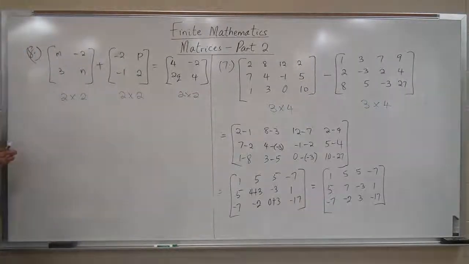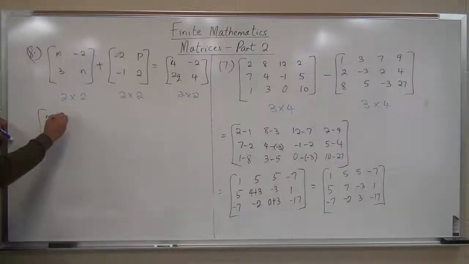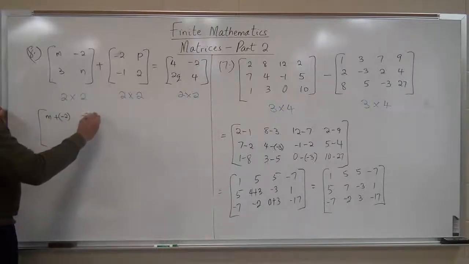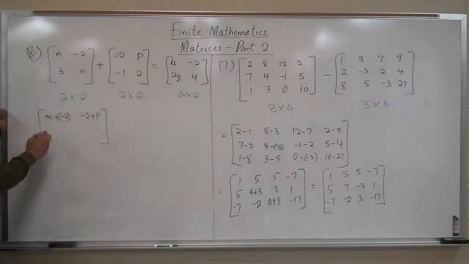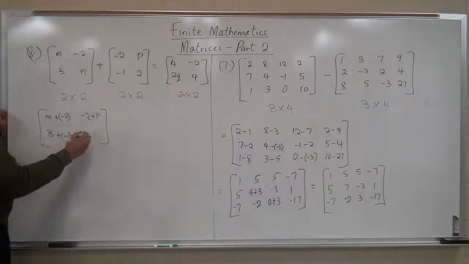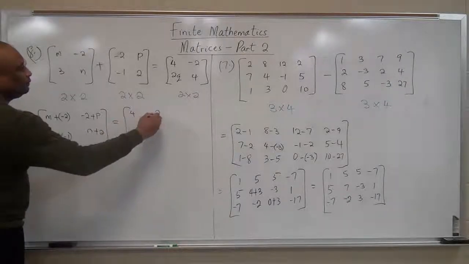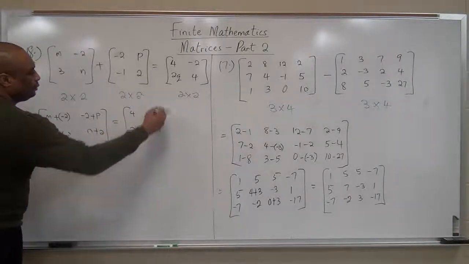Okay, so we have m plus minus 2, minus 2 plus p, and 3 plus minus 1, n plus 2. And that will give us 4, negative 2, 2q, 4.